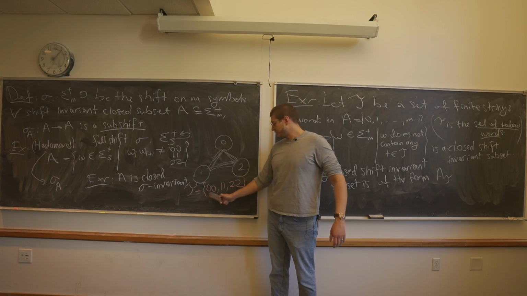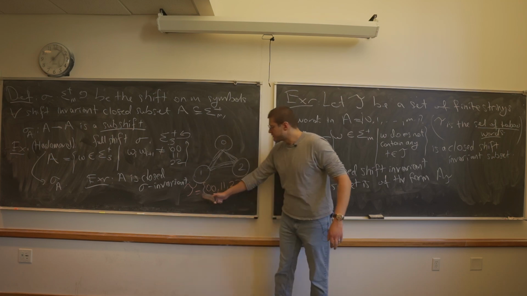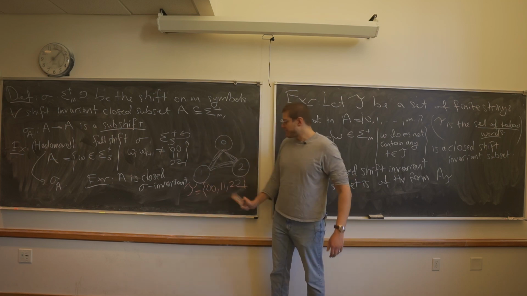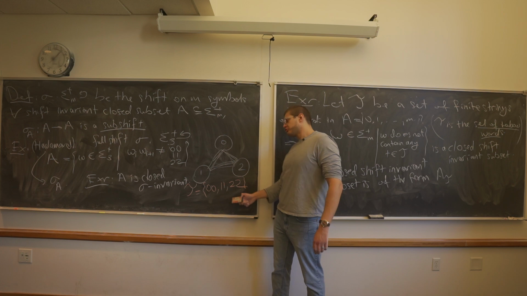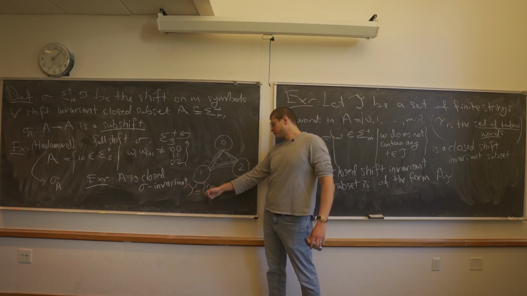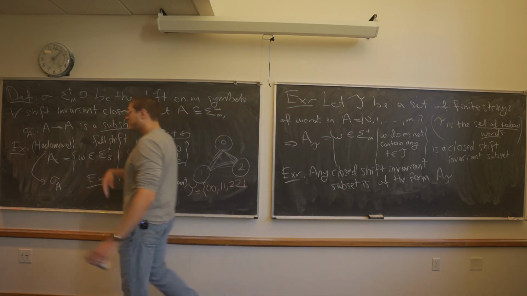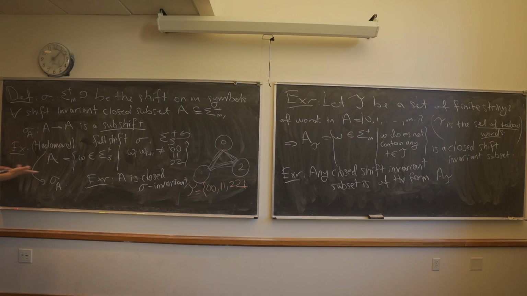You can just take these three words, forbid them, and then that defines the set. Of course, the problem here is that in your taboo words, you can put 0, 0, 0 as well, but that's redundant because you're already prohibiting 2 zeros consecutively. So you don't need to forbid 3 zeros consecutively in addition to that, okay?